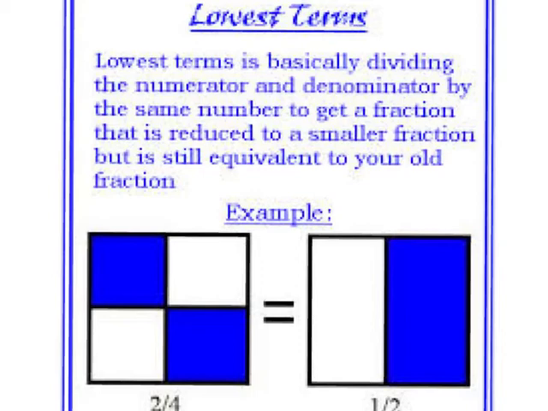In the example here, both of these equal 1/2, but in this situation, the box is divided only in 2 pieces. In this situation, the same box is divided into 4 separate sections, and 2 of those are colored. We still have half the box that is shaded, just like we do over here, even though it's a different half. But 2/4 in its lowest terms is equal to 1/2. Okay?